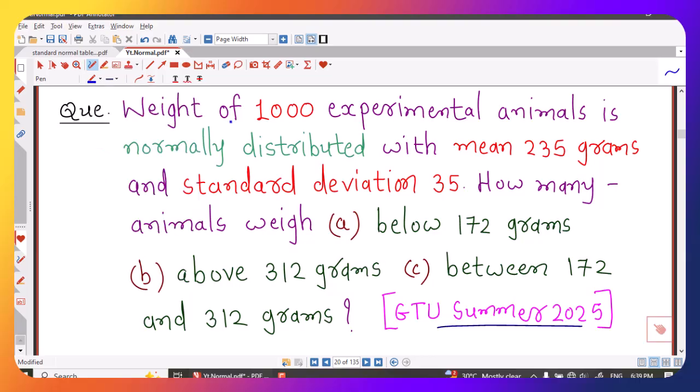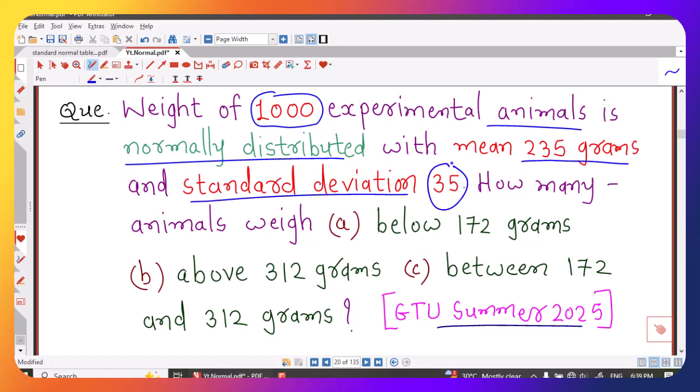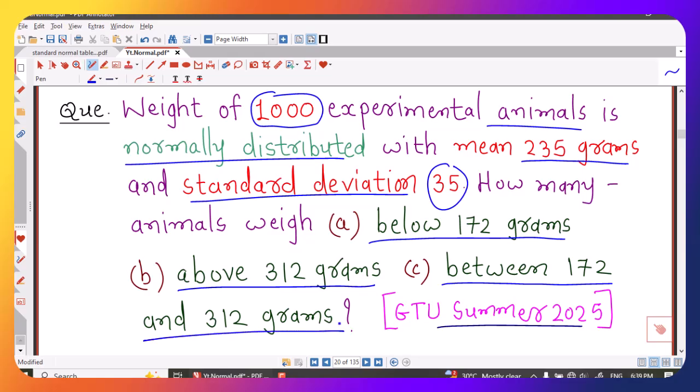We are given that weight of 1000 experimental animals is normally distributed with mean 235 grams and standard deviation equal to 35. How many animals weigh below 172 grams, above 312 grams, and between 172 and 312 grams?